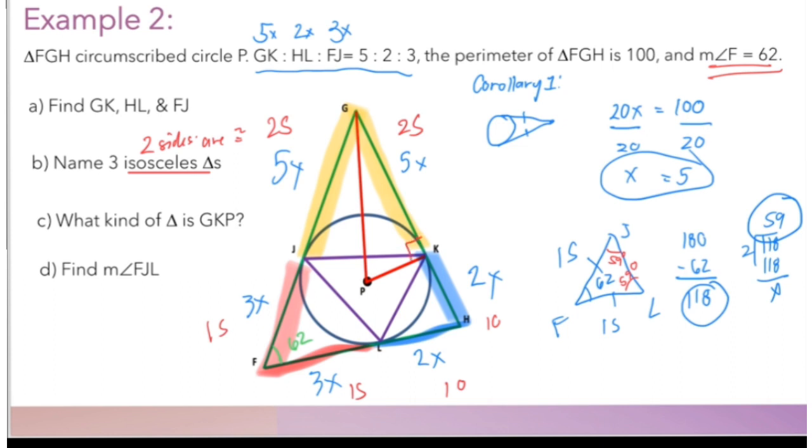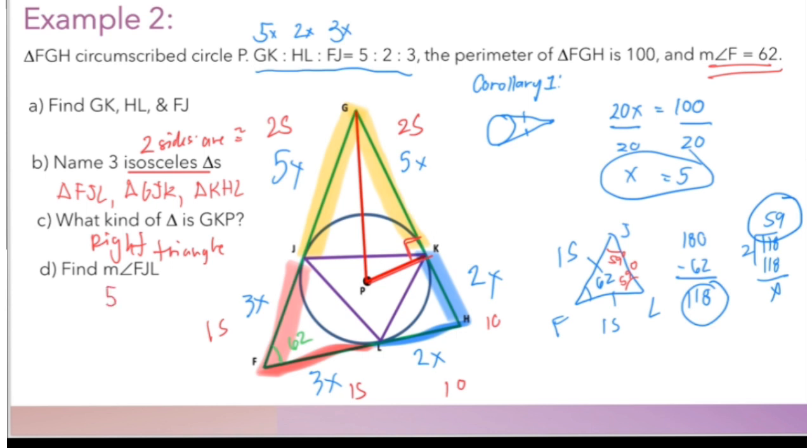This is a right triangle because of the tangent theorem. What else? The isosceles triangles are FJL, GJK, and lastly we have KHL. FJL, we were able to get it. It's going to be 59 degrees for 59.